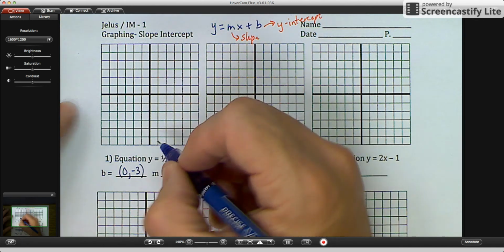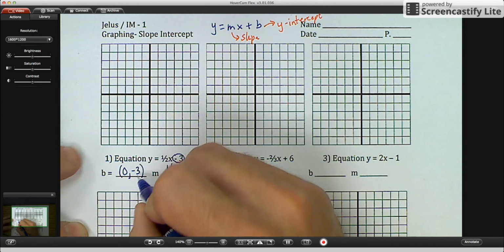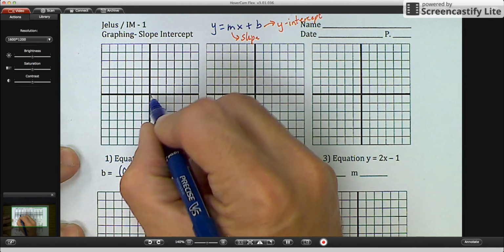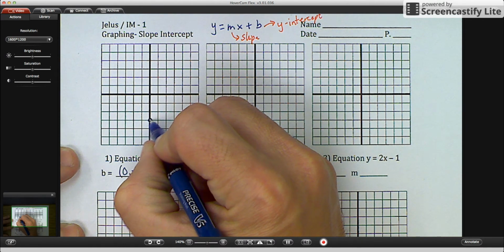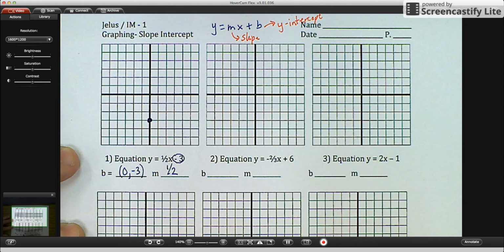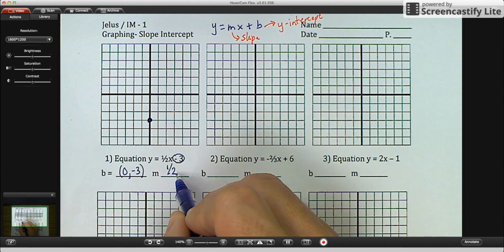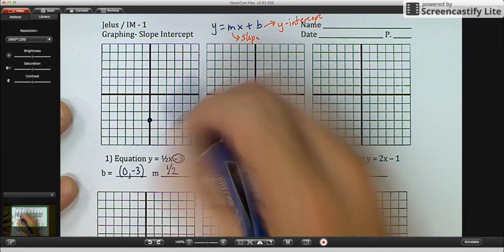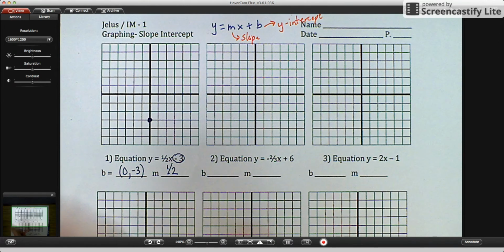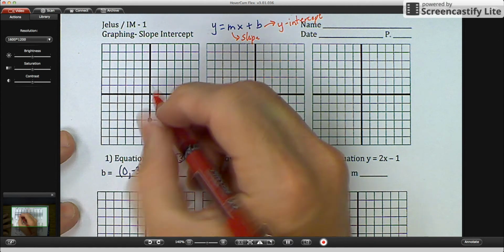The second step, it says to plot my b on the y-axis. So 0, -3 is right there. And then the third step is to follow the slope 1/2 to my next sets of coordinates. So I'm going to do this in a different color, and I'm going to go rise over run.